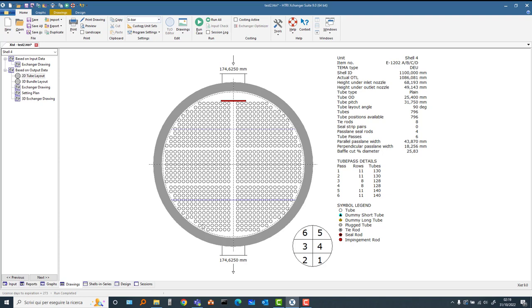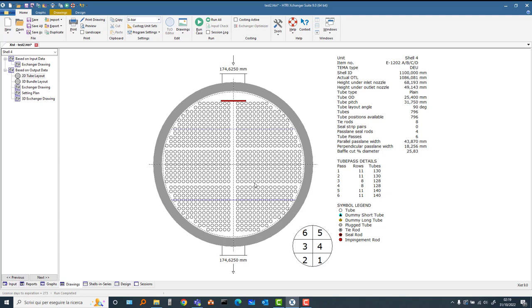So that means that if there is a phase separation, so if the liquid is going down and the vapor stays up, the fact of having a horizontal baffle cut may be a disadvantage. Of course, if the fluid is mixed, so droplets of liquid in the vapor, as is probably the case here, no problem.